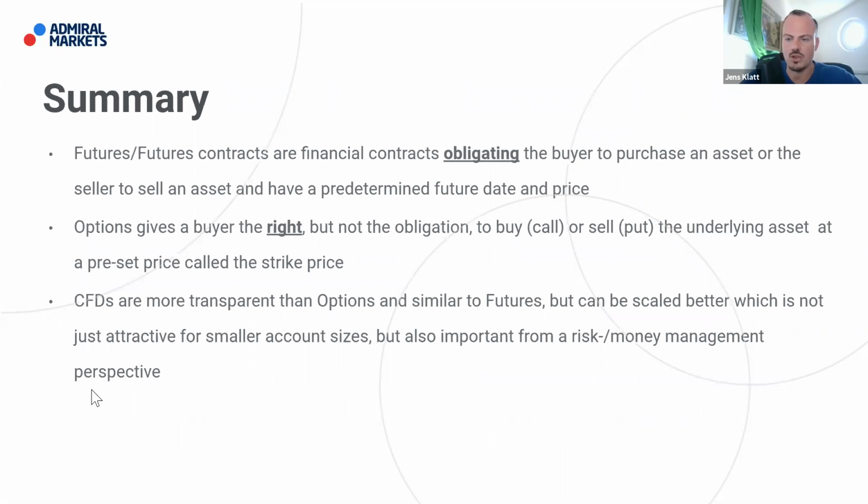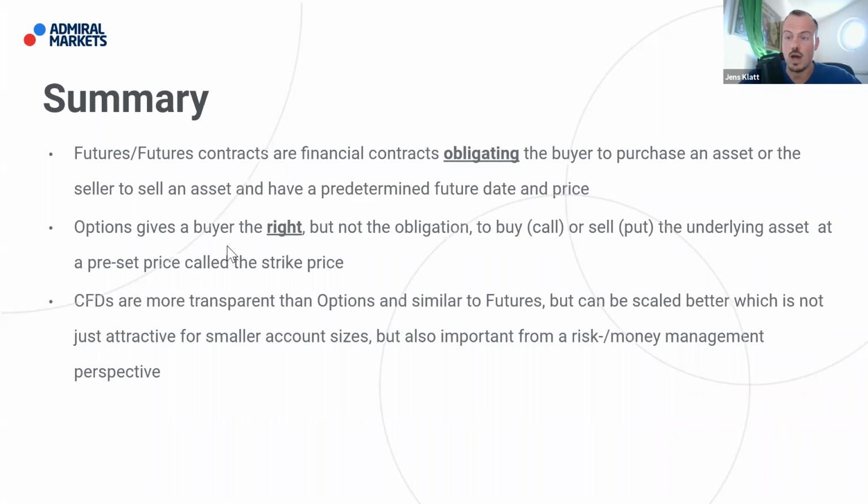So now let's sum all this up. I have a quick glance at the watch, and I think I have to hurry up a little. Summary: futures contracts are financial contracts obligating the buyer to purchase an asset or the seller to sell an asset at a predetermined future date and price.